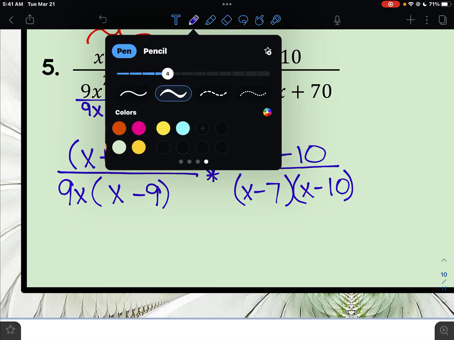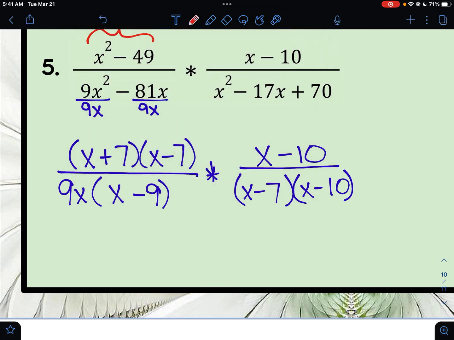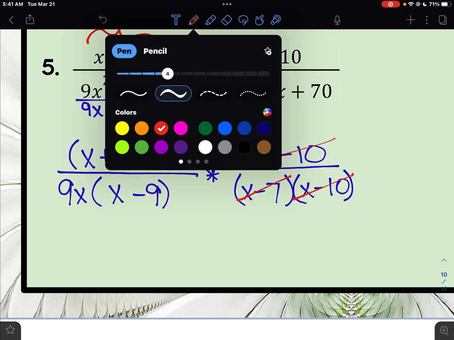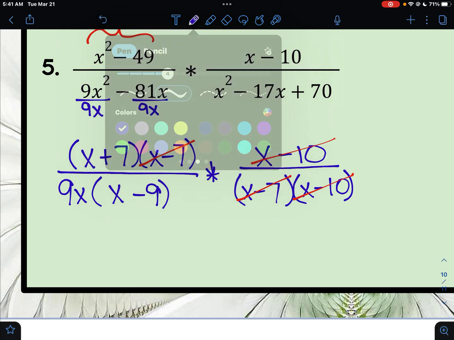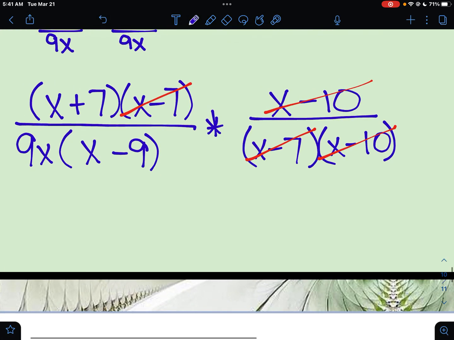Okay. Oops. We're going to cancel anything that matches, remembering that we can cancel across the multiplication sign. And then we just write what's left.